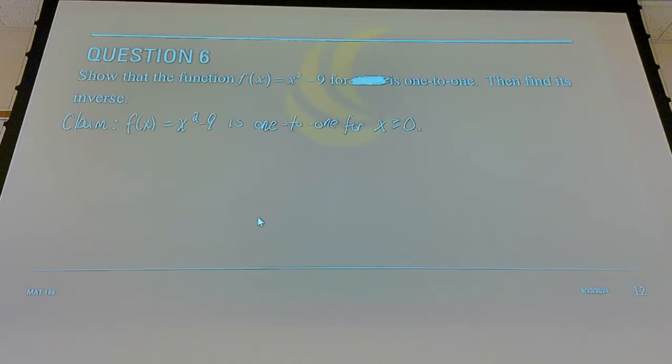Well, now you've just eliminated all the negative values. Can you think of two positive values that when you square them give you the same thing? Two different positive values squared being the same. That's why it's 1 to 1 now.